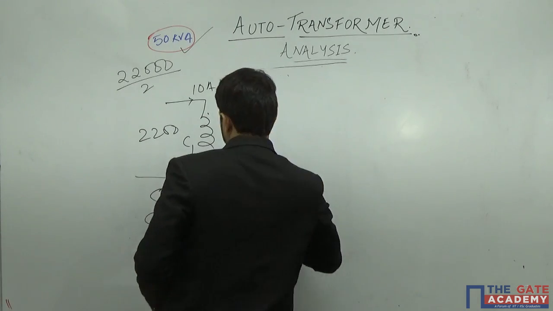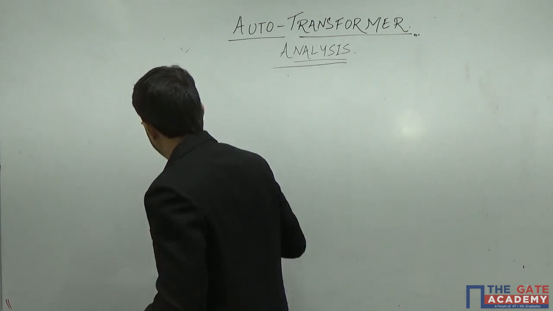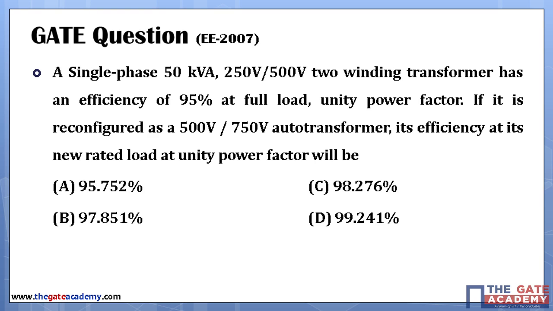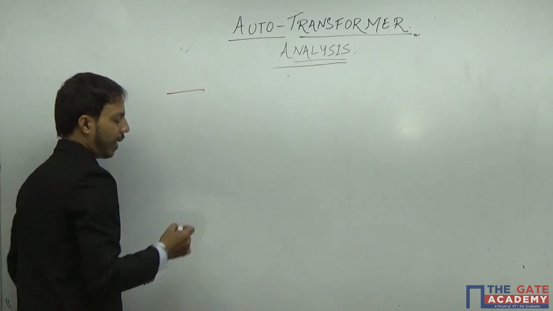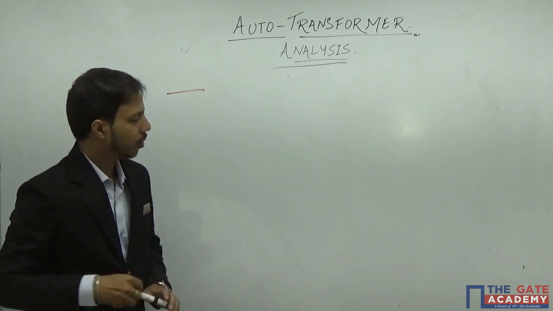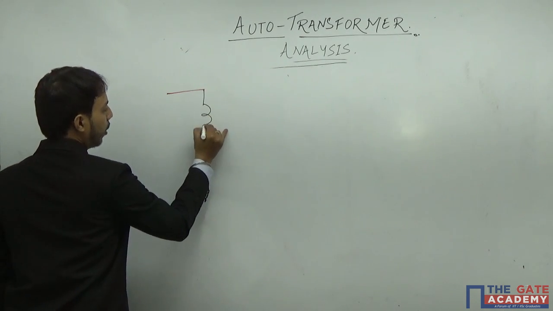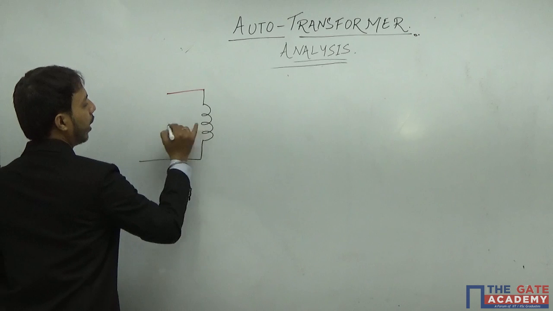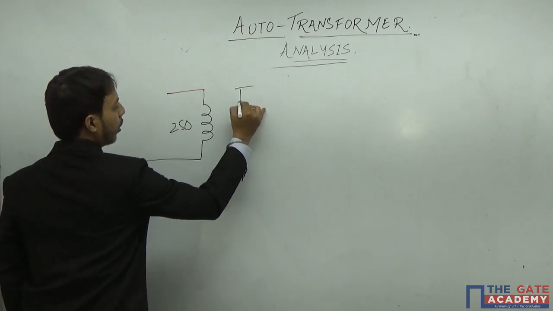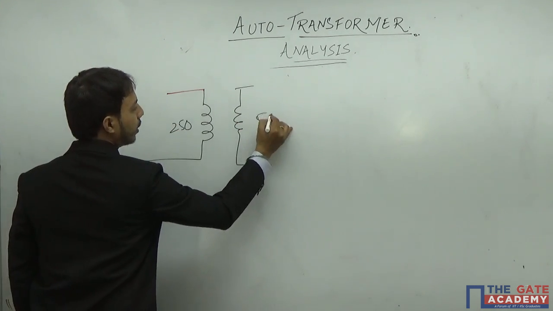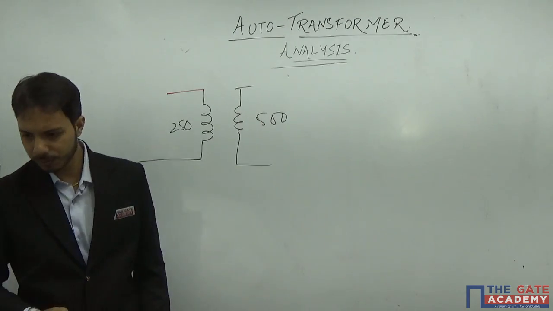So in this question, which is in your PPT, you can see that it says a single phase 50 kVA 250 by 500 volts transformer. That means I have a two-winding transformer, and this is 250 and this is 500 volts.